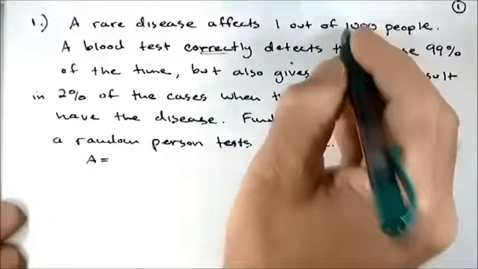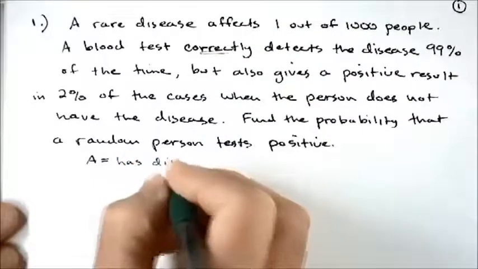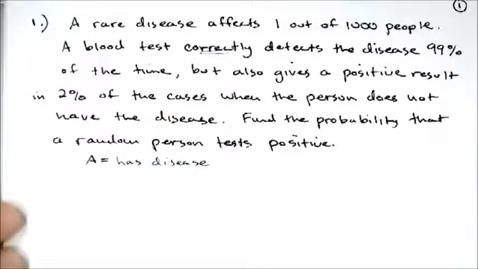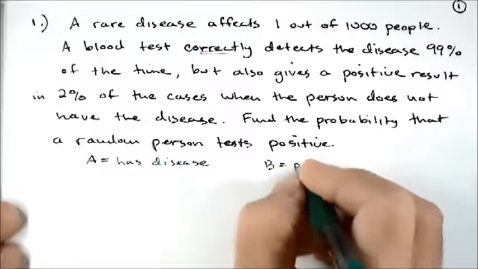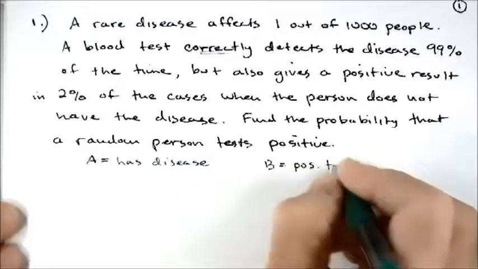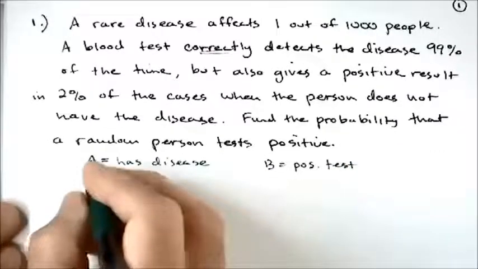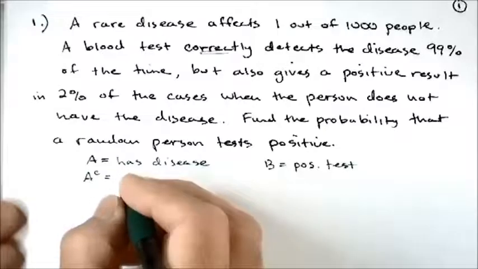So let's let A be that the person has the disease. And B represent that the person tests positive. And of course, they either have the disease or they don't have the disease. So we could talk about A complement being no disease.